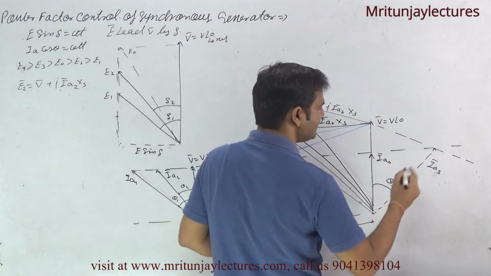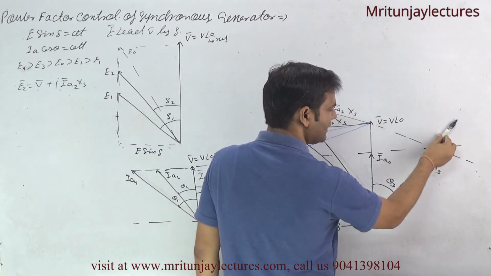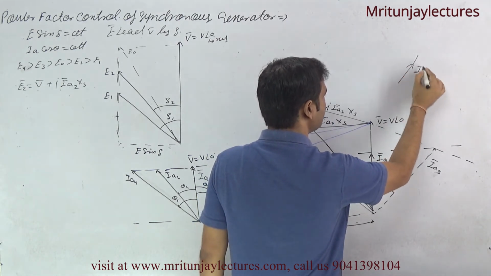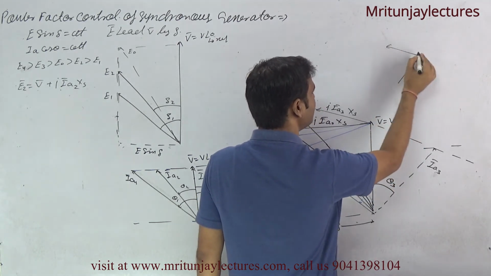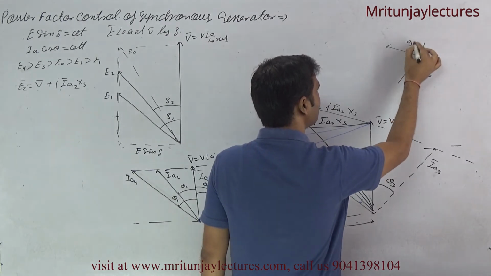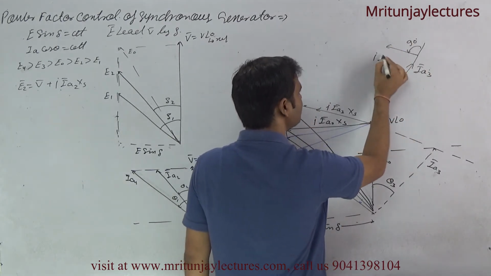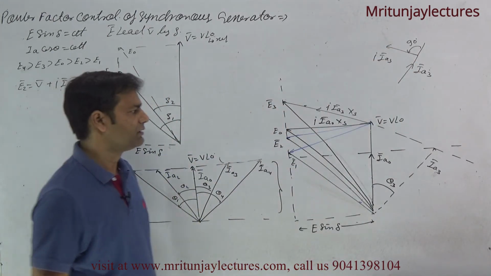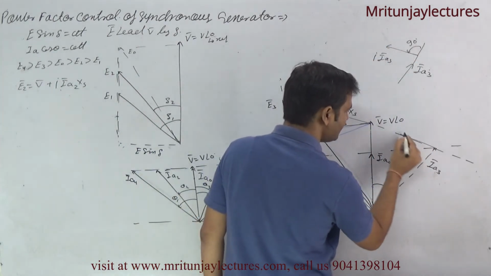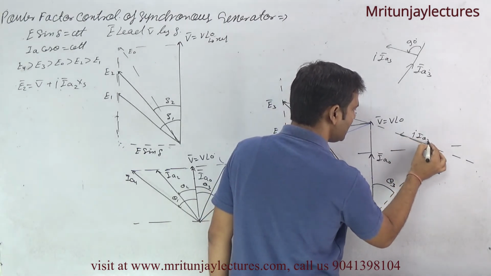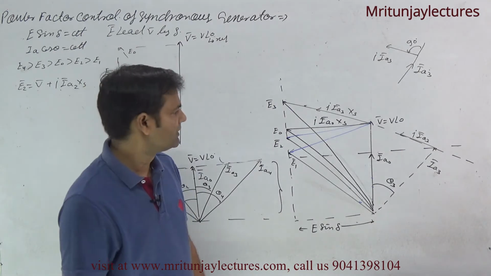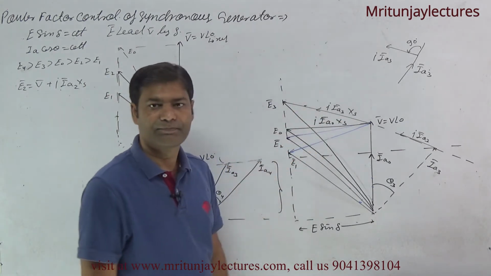What about JIA3? If this one is IA3, multiply by J, then it rotates anti-clockwise and is represented like this one. So this line represents JIA3, and if multiplied by X, there is a voltage drop corresponding to that. Okay, that's why I represent it here.